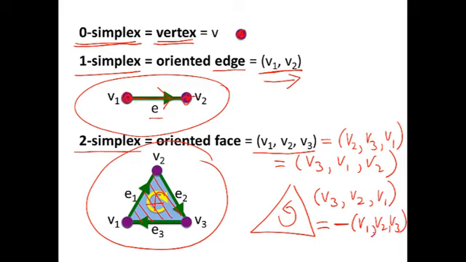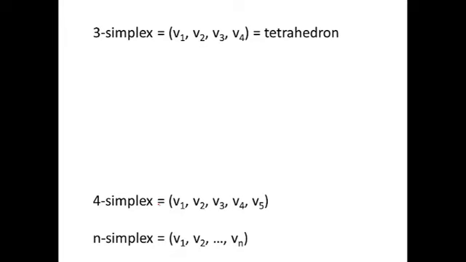Two triples correspond to the same orientation if one is an even permutation of the other, but we will ignore such details and focus on pictures and symbols. But ordered tuples can be useful when discussing higher dimensional simplices. For example, a three-simplex can be denoted by using vertices V1 through V4. A three-simplex is three-dimensional, so we can draw it.